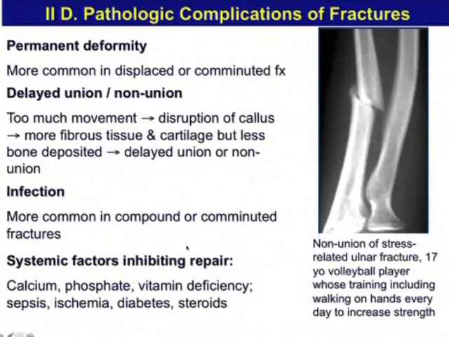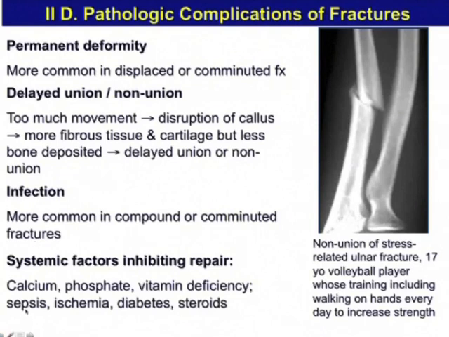The other thing that I think is interesting here is the things that inhibit fracture repair. And I think a lot of this stuff makes sense too if you think about it. Somebody who is not getting adequate nutrition, is not getting proper vitamins and calcium, is not going to heal the fracture as well.